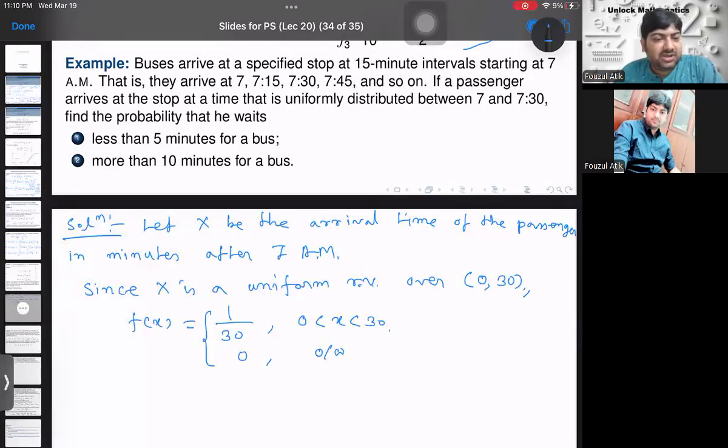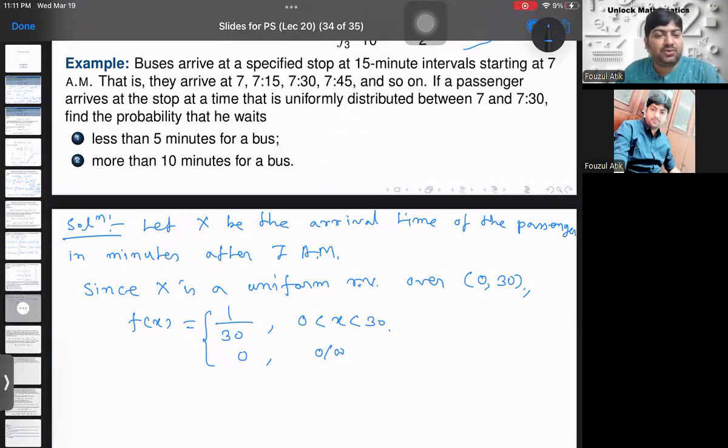Now the question is, what is the probability that the passenger has to wait less than 5 minutes for a bus? Now the passenger has to wait less than 5 minutes for a bus means what? The passenger will come between 7 to 7:30, and a bus will come at 7, and it will go, next bus will come at 7:15, and it will go, and next bus will come at 7:30.